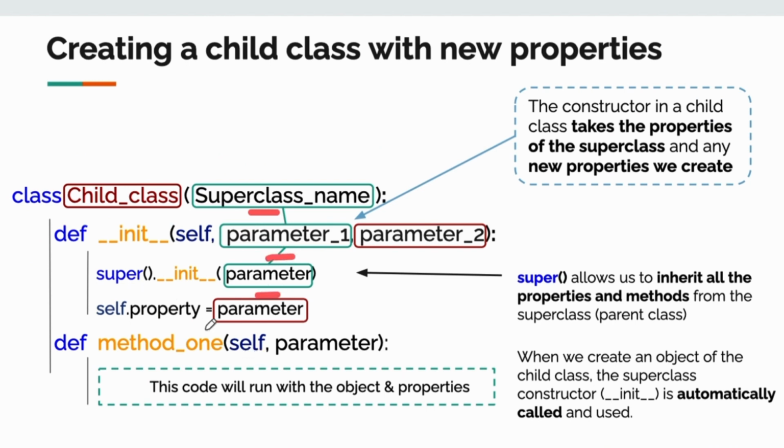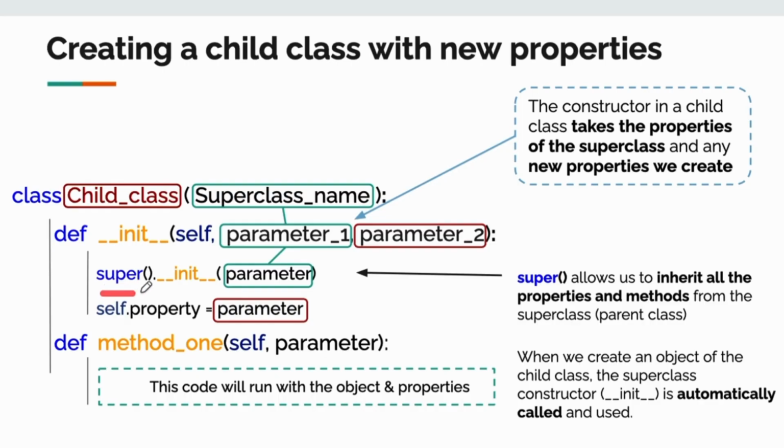Wait, hold on, what's that? This is the super function. Super allows you to inherit all the properties and methods from the parent class. I want you to think about super as a way of activating or turning on the parent class. If I literally translated this for you, it would say, super, I want to initialize this parameter, right?